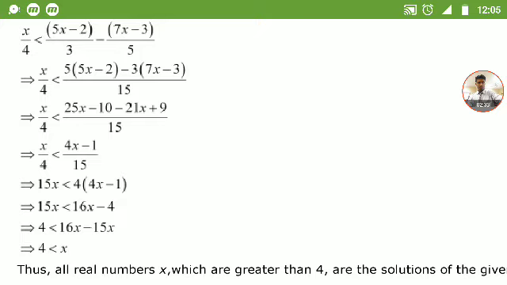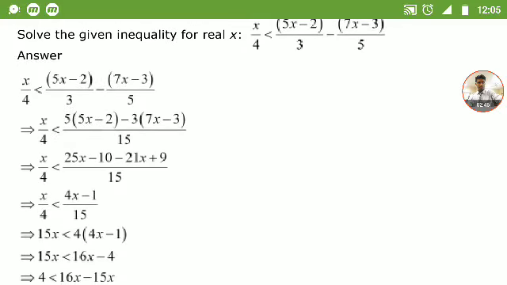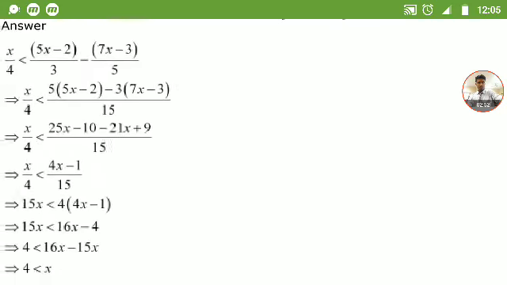So 4 is less than x, giving you the answer 4 to infinity. That was for your question number 15. Please pause the video to note it down. It's not that difficult.